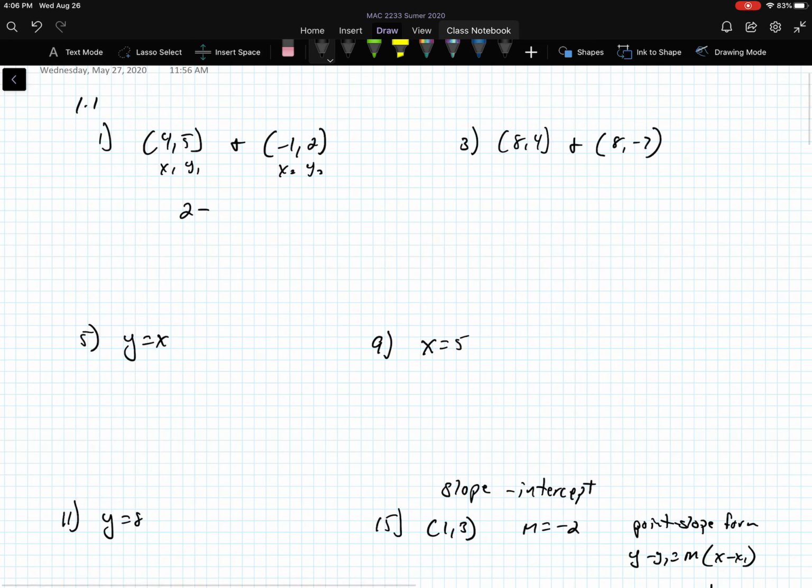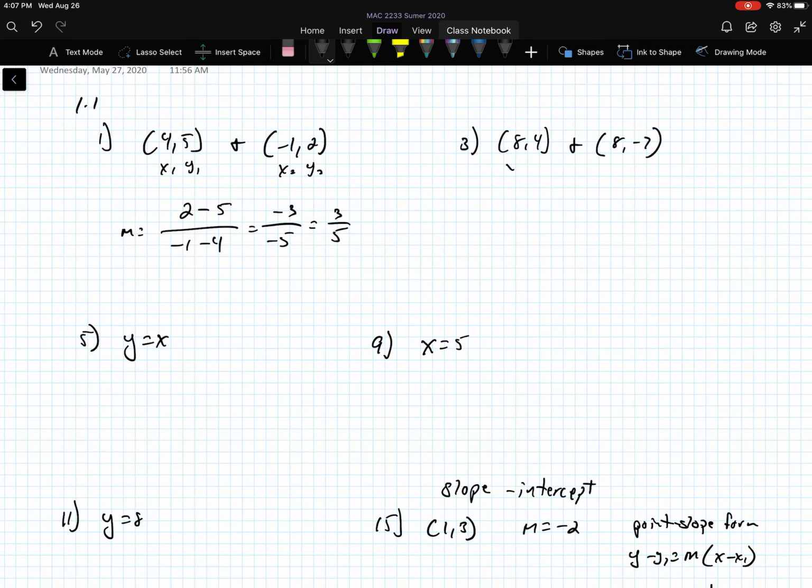It's going to be 2 minus 5 over negative 1 minus 4. So that's going to be the slope, which is negative 3 over negative 5, which is 3/5. So the slope here is y2 minus y1 over x2 minus x1.